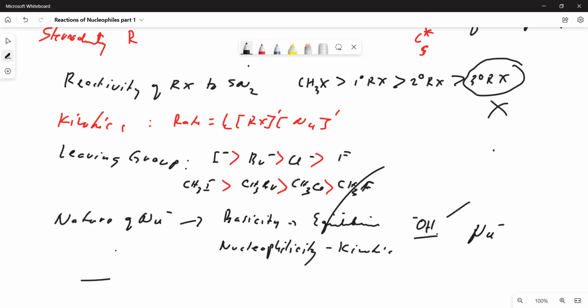The more basic a compound, the higher the concentration of hydroxide, or the higher the pH, right? So does it follow that if the compound is more basic, it is also more nucleophilic? On certain cases. Which are the cases? Okay, first case.